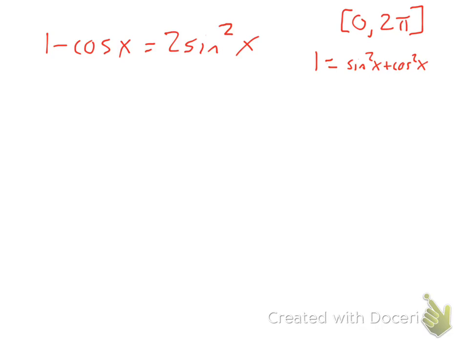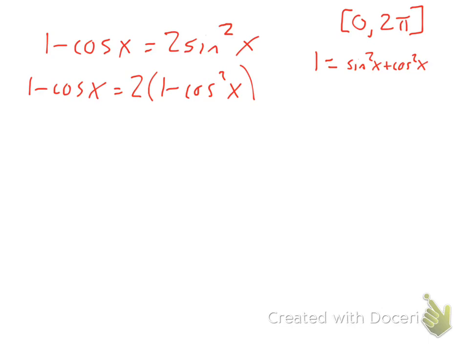If I took the cosine squared and brought it to the other side, wouldn't that equal 1 minus cosine squared is equal to sine squared? So I'm going to replace it. So now I'm using my identities to change everything into cosines.